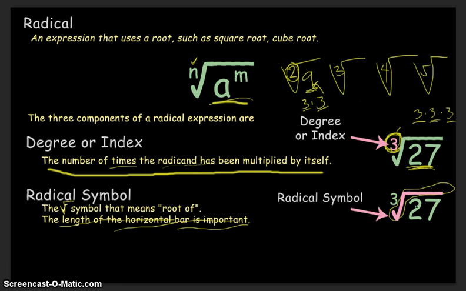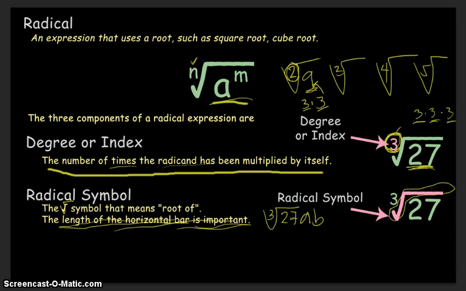So cube root of 27. Yung haba daw ng horizontal bar ay importante. Bakit? Halimbawa, meron tayong cube root of 27 AB.